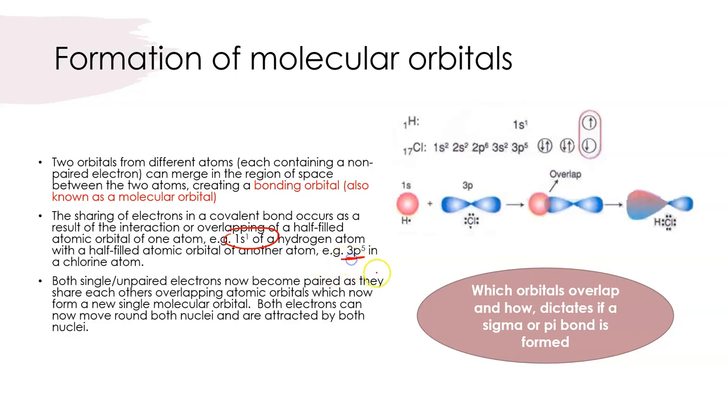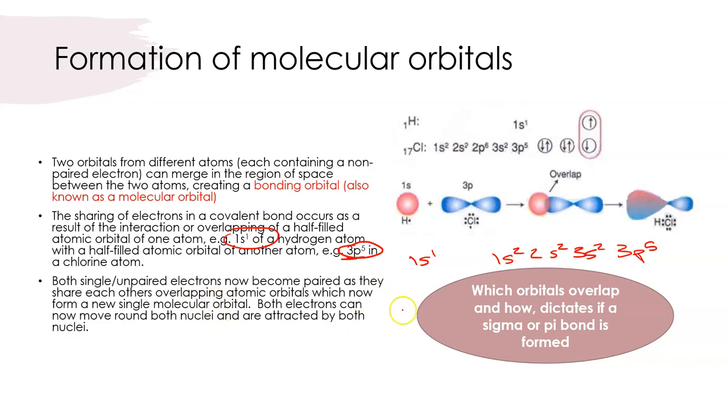Remembering these relate to our electron configurations, 1s1 being hydrogen's, and 3s2 and 3p5 for chlorine. So this is just referring to the highest energy occupied orbital in the chlorine atom. Both these single, unpaired electrons now become paired as they share each other's overlapping atomic orbitals.